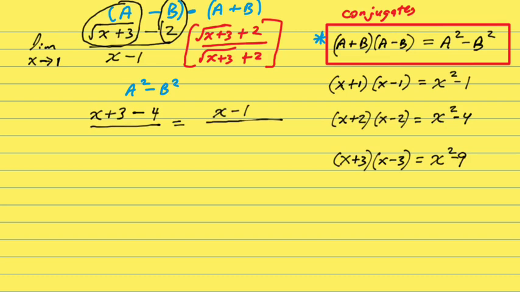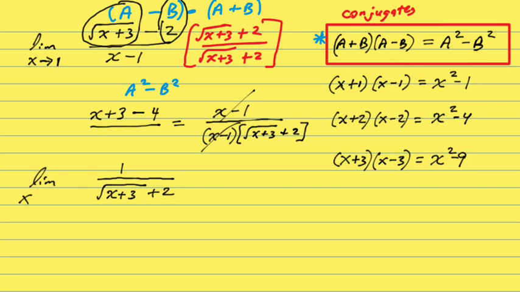Would it be x minus 1? What do you have in the denominator? Well, you have an x minus 1, but you also have the conjugate that you used, right? Now, could the x minus 1s cancel? And this gives you this.